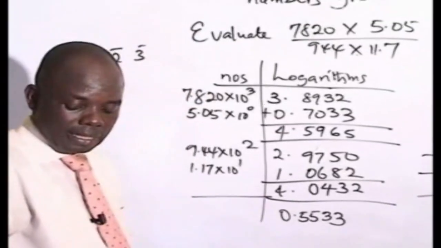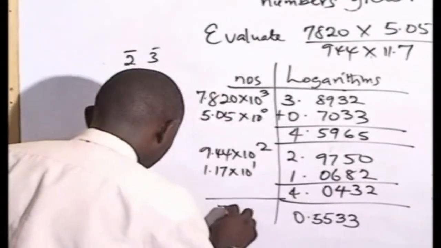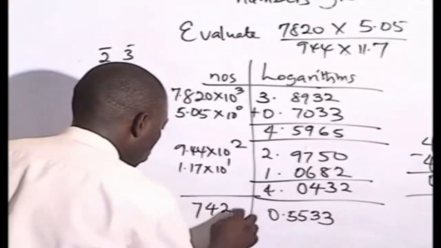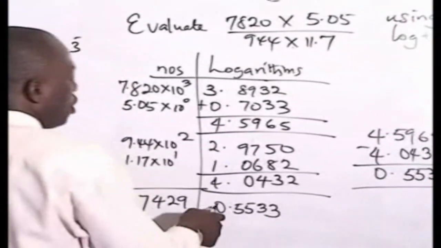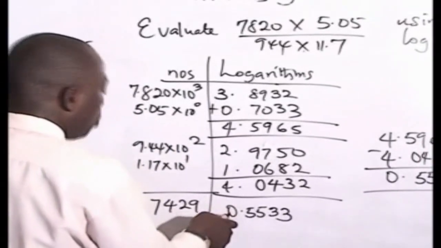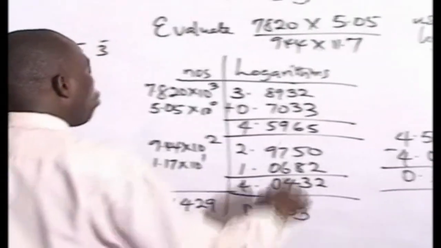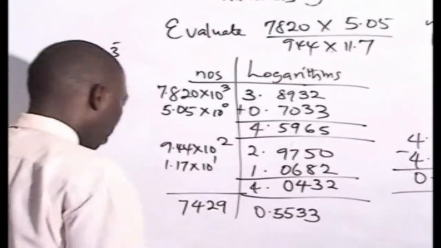If we look at that, you are sure to get 7, 4, 2, 9. But what will help you to know where to place your point is you will add 1 to whatever it is here, 0 in this case. That will help you to know how to place your number.